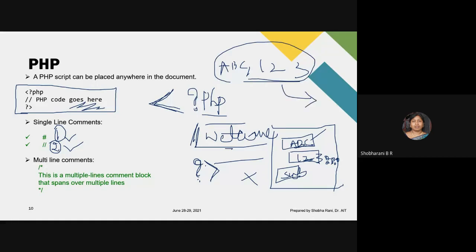The server has to authenticate that ABC has password 123, so I have to give access permission to use the application. Who has to do that? The server. How will it understand? The server understands with a specific language. That language is PHP.